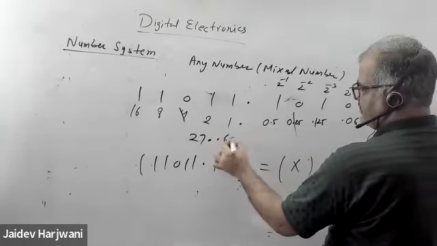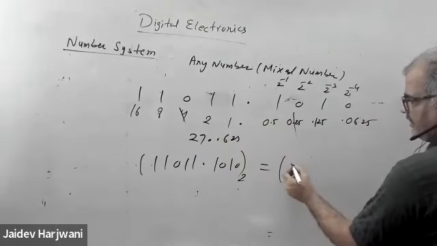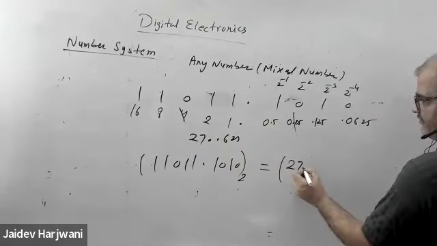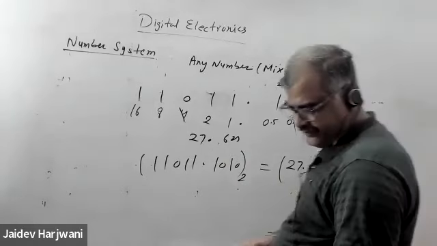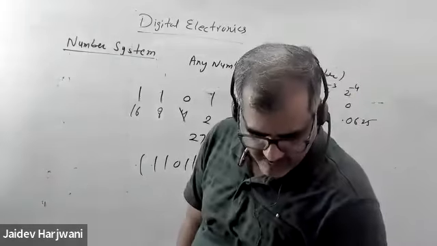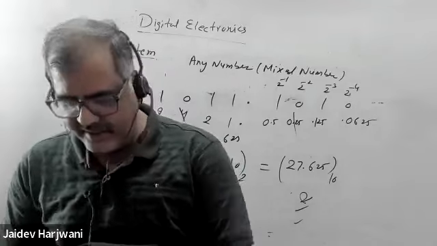So if I want to write the decimal equivalent of this number, it will be 27.625 in decimal. If you have a doubt, please ask.